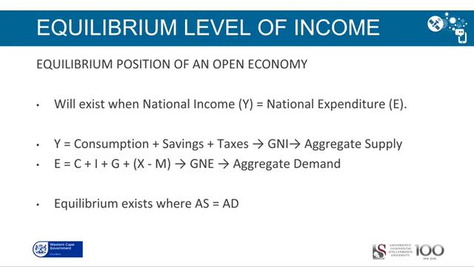Together these give your gross national expenditure, which represents aggregate demand. Where aggregate supply equals aggregate demand, that is where we find the point of equilibrium.